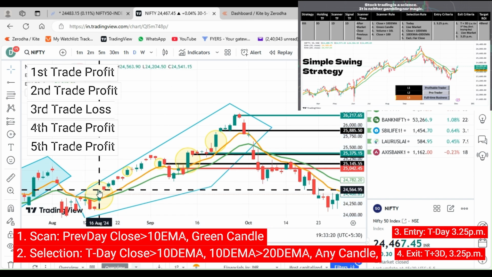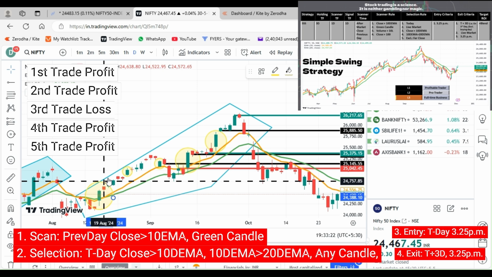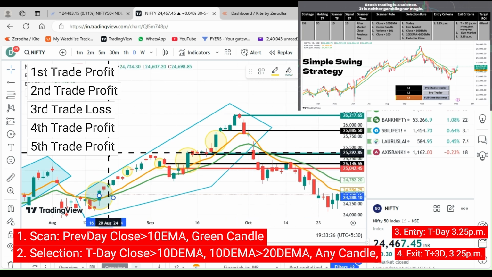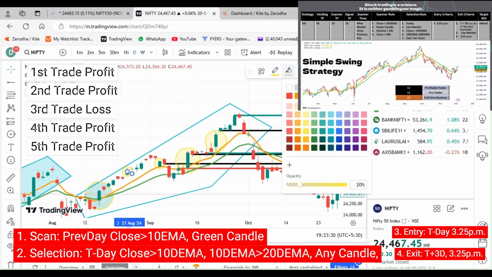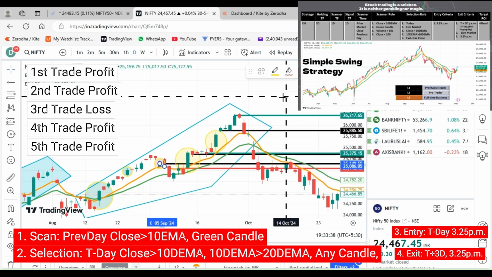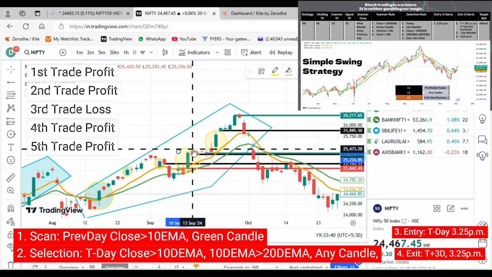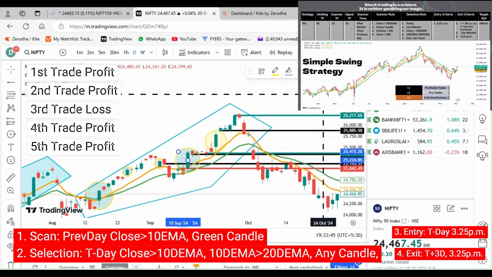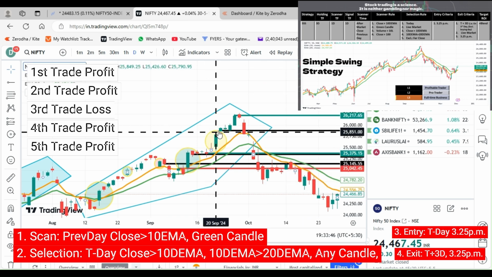I can see that this particular simple swing strategy or SSS will actually, the probability of winning is pretty good, and it will give you a pretty good return and a sustainable and consistent return, which is more than any of the debt or blended instruments that we are seeing in the market today.